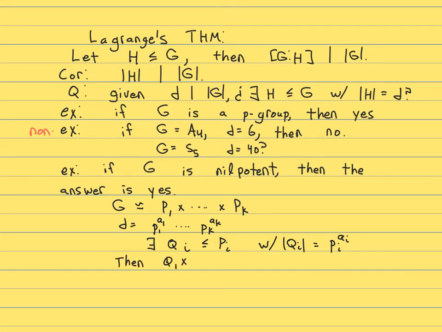Then Q1 times Q2 times ... times Qk is in fact a subgroup of G of the appropriate order. So for nilpotent groups, the full converse of Lagrange's theorem is in fact true. Every divisor of the order of the group gives you a subgroup of that order.